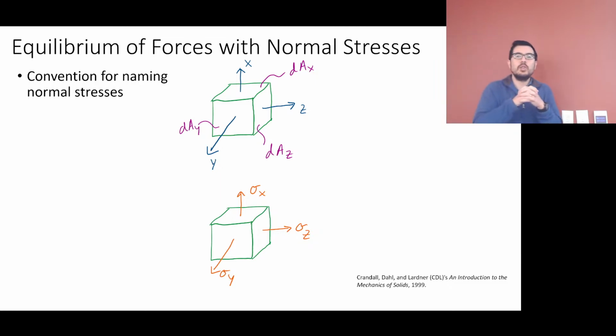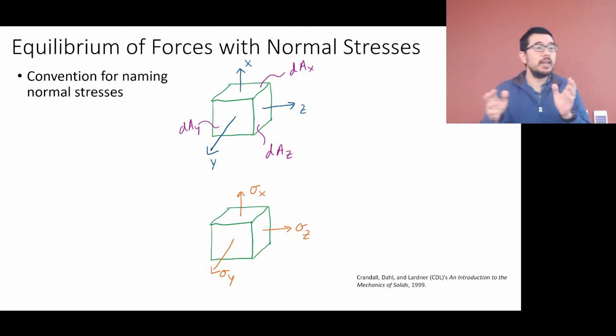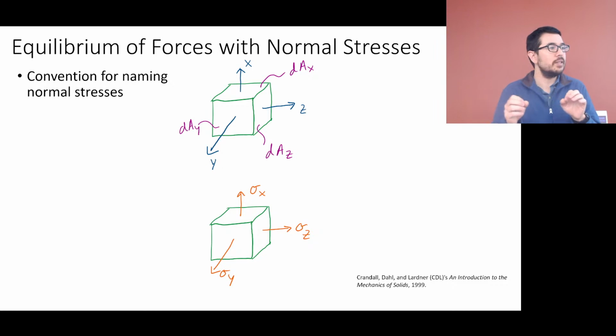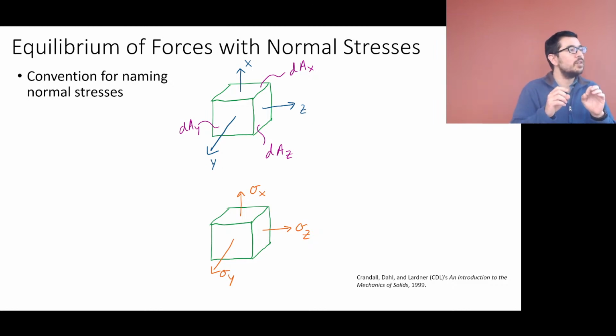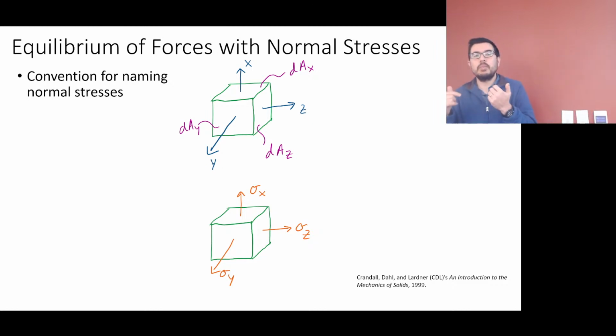Newton's laws apply to forces and moments. So what we want to make sure we're doing is that we know what the forces are that are balancing out with each other for them to sum to be equal to 0.